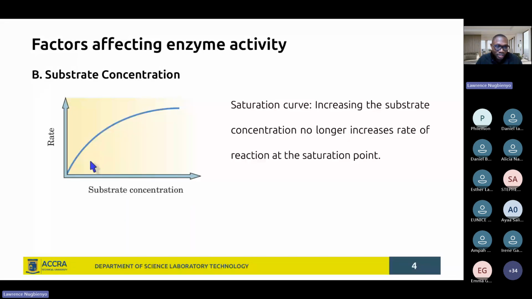So that is what explains what we saw, that at a point, even as we continue to add more substrate in the system, the rate of the reaction becomes constant. It no longer changes. That point we refer to as a saturation point. That is where you have the maximum rate of the reaction. Nothing else can change that, even if you continue to be adding more substrates into that mixture. You will not have any change in the rate of the reaction. All right.